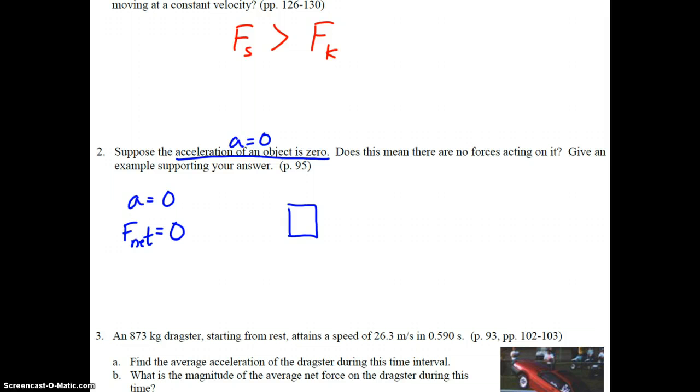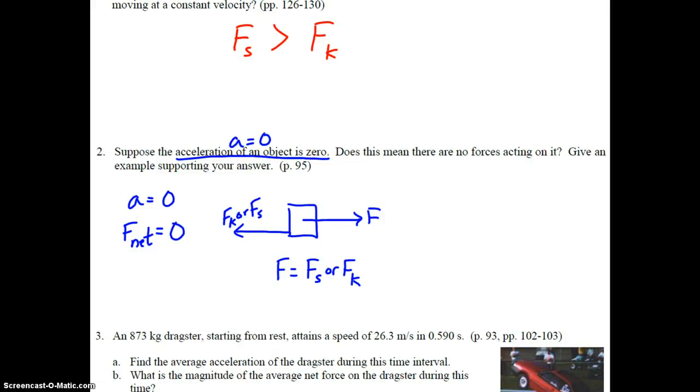For example, we could have a force forward on an object and the kinetic friction acting backward on an object, or the static friction acting on an object, depending on if the object is at rest or moving. If these forces are equal and opposite, such that F equals Fs or Fk, then this object would not be accelerating.